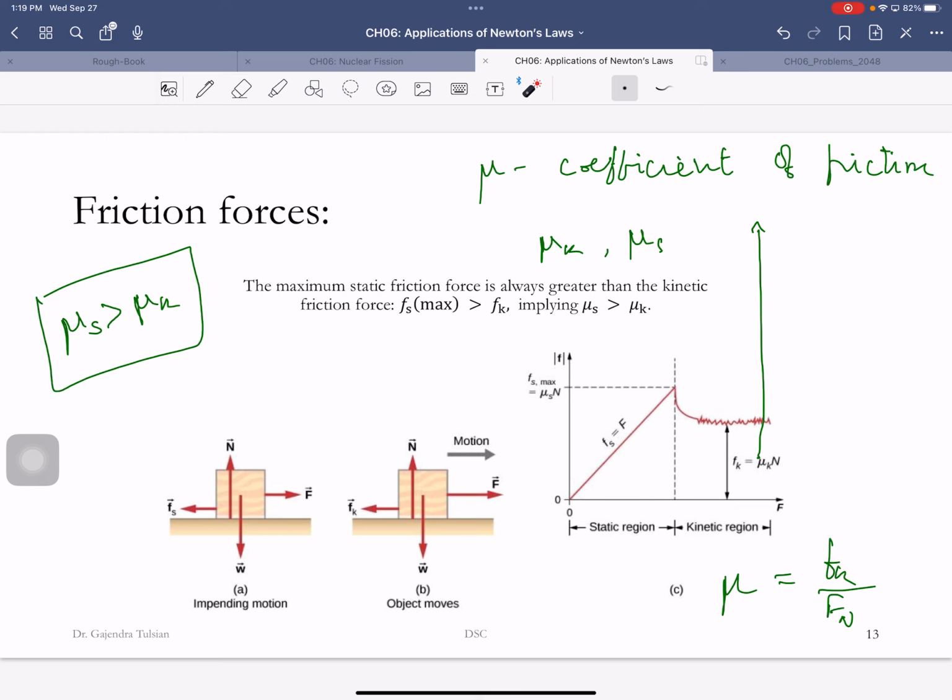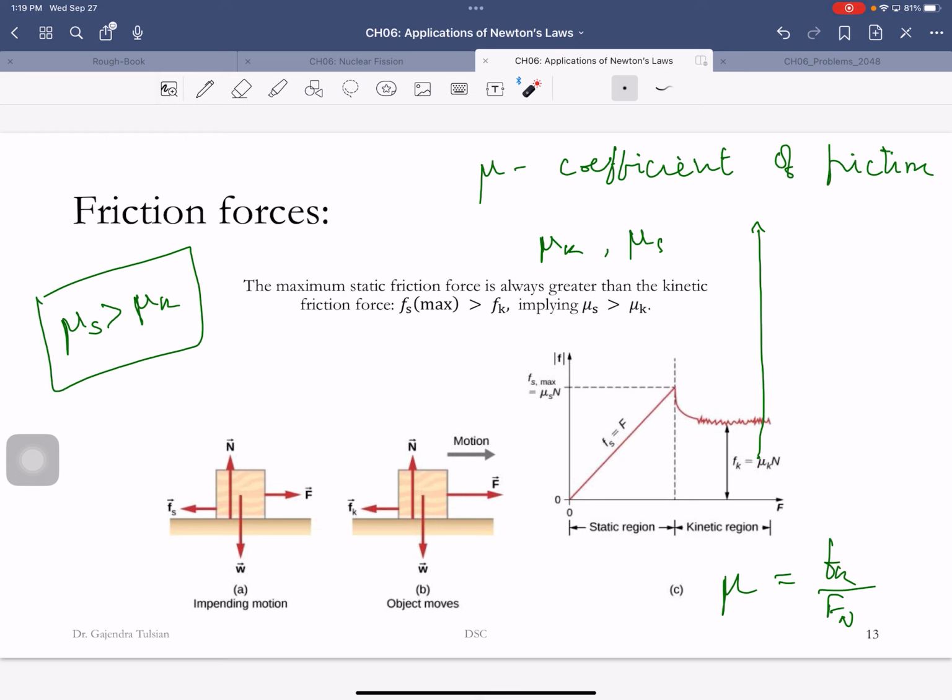How would you increase friction? If you wanted to increase the friction between this guy and this guy, what can you do to increase the friction? Increase the weight. So let's say you put super glue on it, the friction force increases.